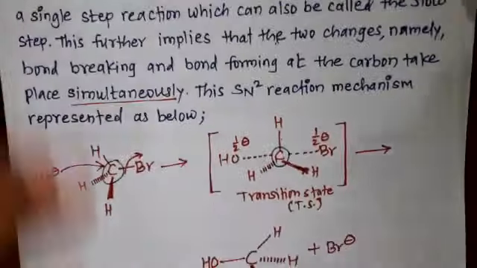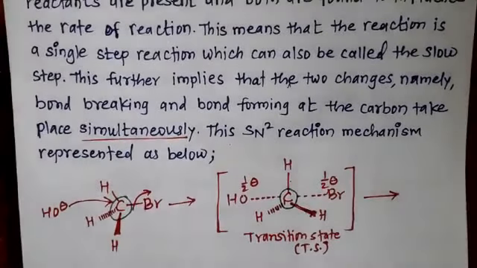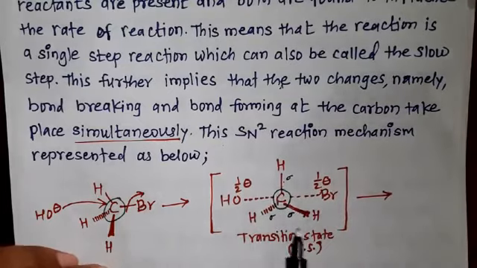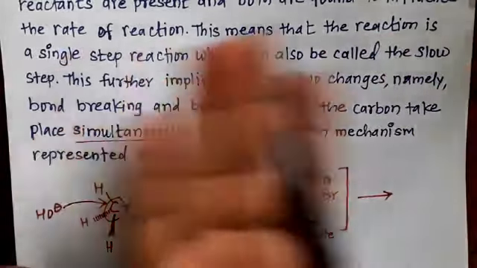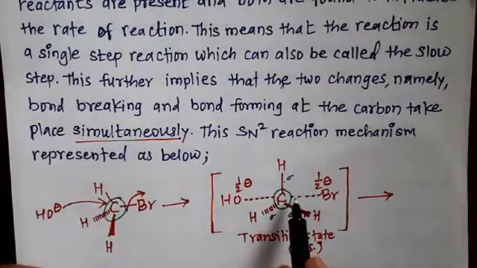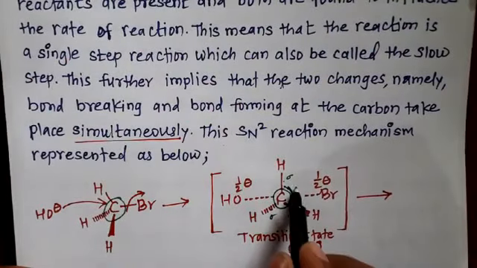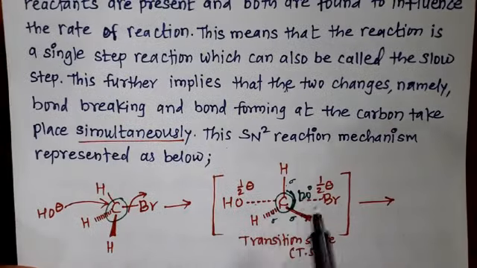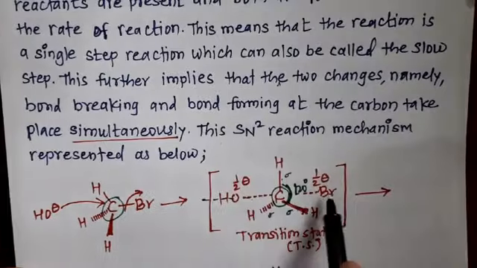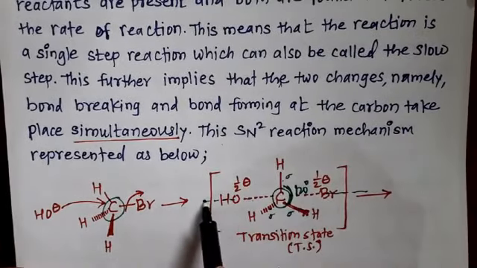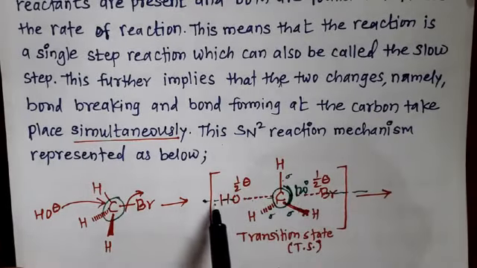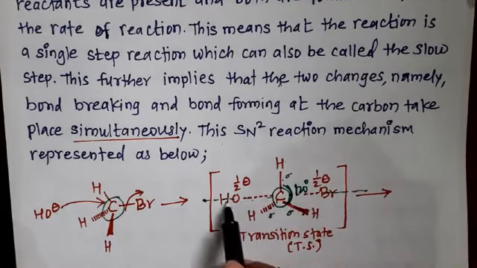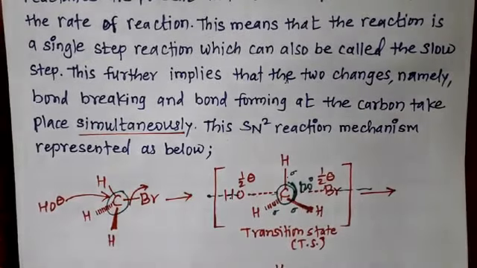Here these 3 sigma bonds lie in the same plane and form a bond angle of 120 degree. But these 2 bonds are perpendicular to the plane. If we draw the line through that plane, then both bonds are perpendicular to the plane.